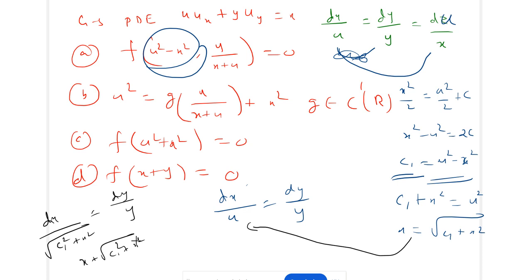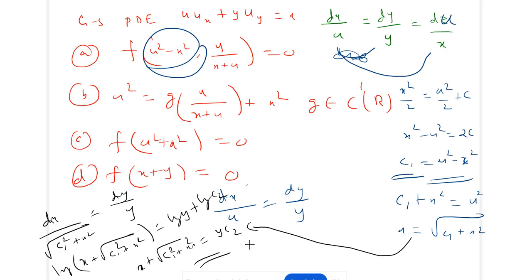Equal to log y plus a constant, which we can call log c2, so it becomes y c2. So x plus root of c1 square plus x square equal to y c2. So this is the solution.